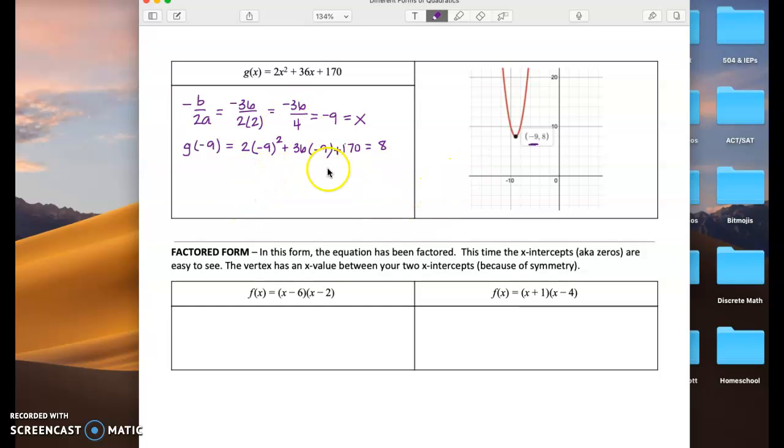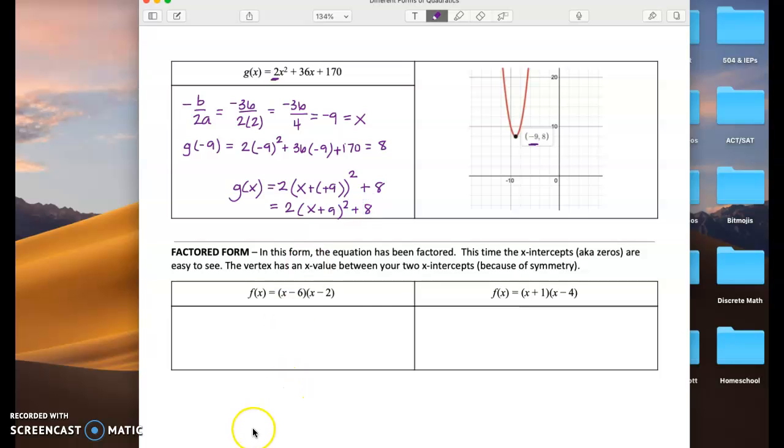So all we have to do to convert this is plug in for the variables. Your a value is always the same. So if it's a 2 in the standard, it's going to be 2 in vertex. We would do x minus a -9. That's why it turns that into a positive squared. And then we plug in the 8 for k. So 2 times the quantity x plus 9 squared plus 8.